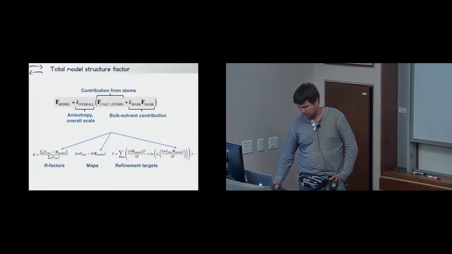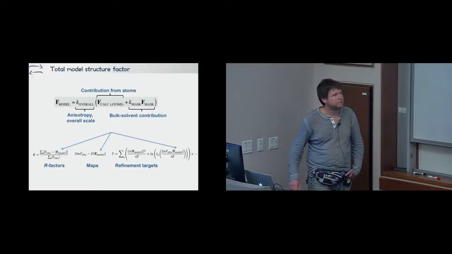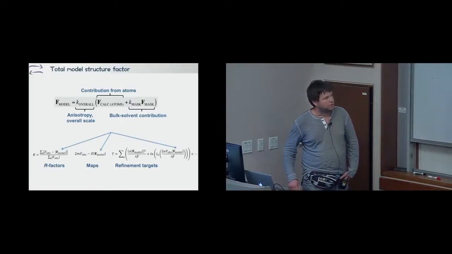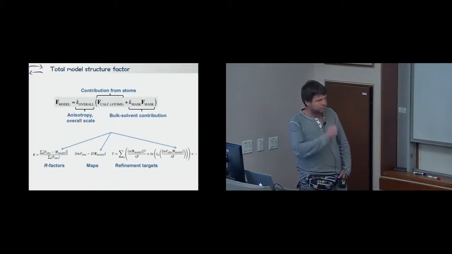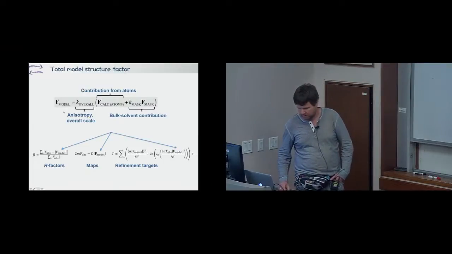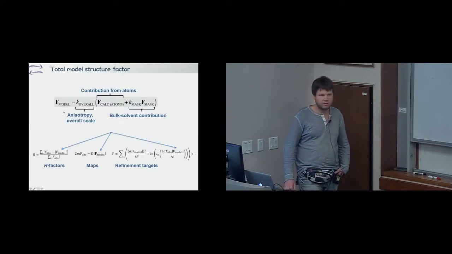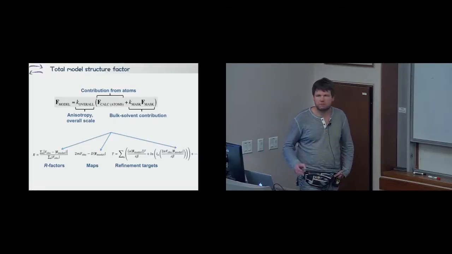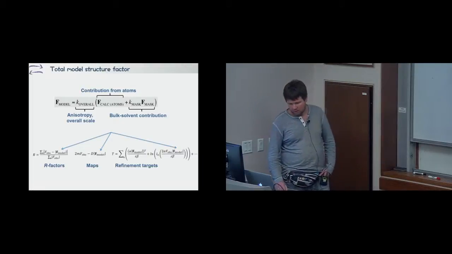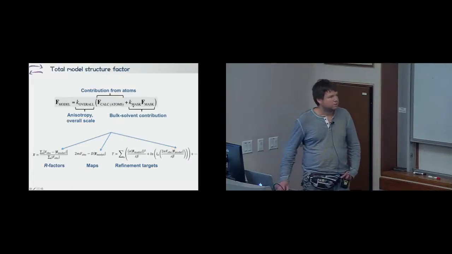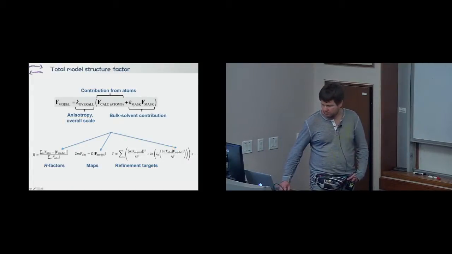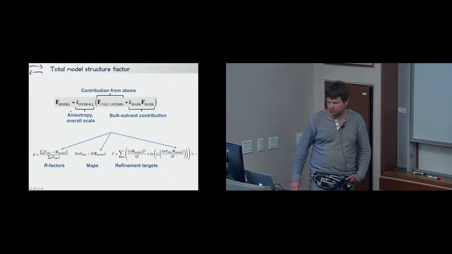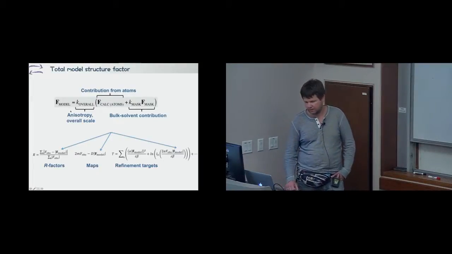In turn, in terms of structure factors, in this paradigm we can define the total model structure factor as a contribution arising from these two types of models we use. One is the contribution from atoms, F-calc, and the other is the contribution from bulk solvent structure factors. And we may have a way to account for anisotropy and various scalings here.